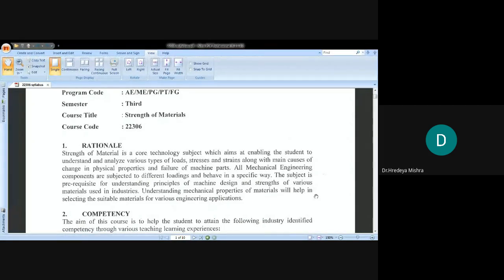Understanding the mechanical properties of a material helps in selecting the suitable material for various engineering applications. So this subject also helps you select the best or optimized material for a component.